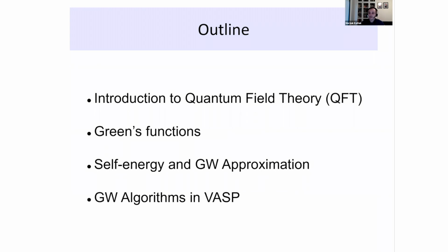Specifically, I will explain what the Green's function is and how it is connected to its self-energy. I will demonstrate how physical observables, like for instance the band gap, can be extracted from Green's functions using the GW approximation, and I will present the most important GW algorithms available in VASP.